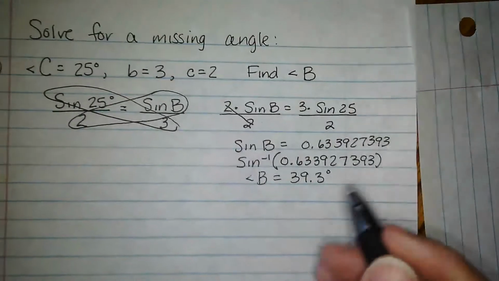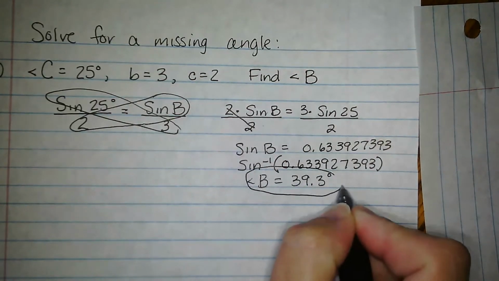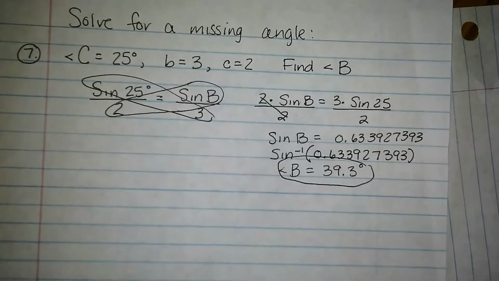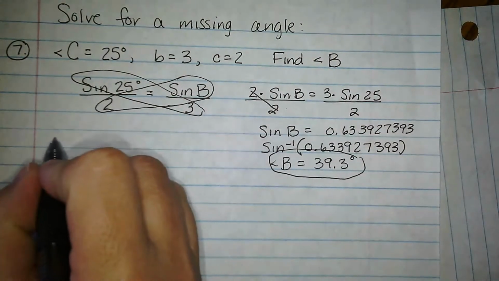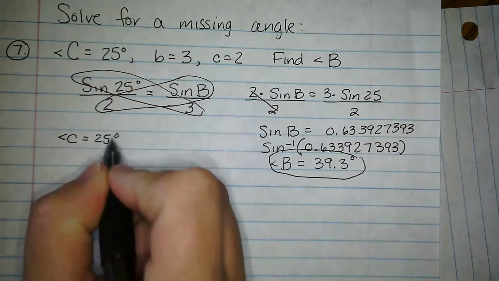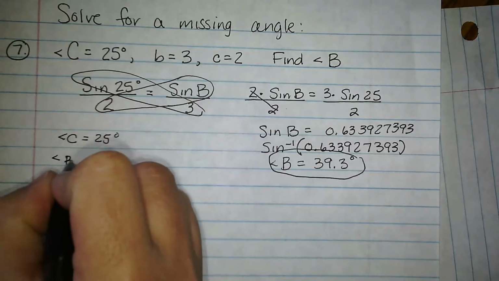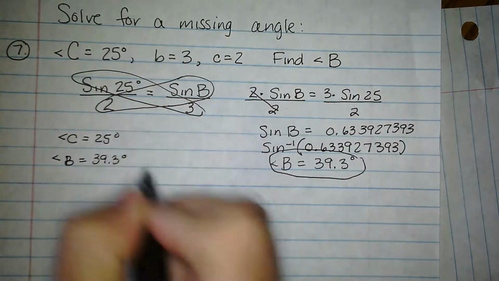Now, what we need to do is see if there's enough room in the triangle for a quadrant 2 angle. So let's take a look at what we have. We have angle C already, which is 25 degrees. We have angle B, which is 39.3 degrees.